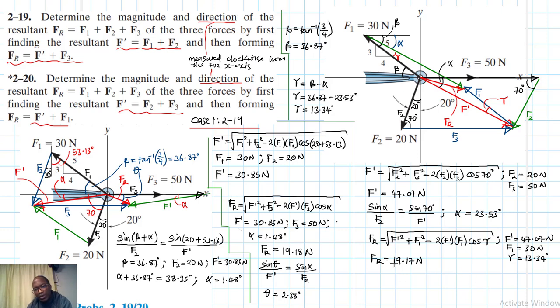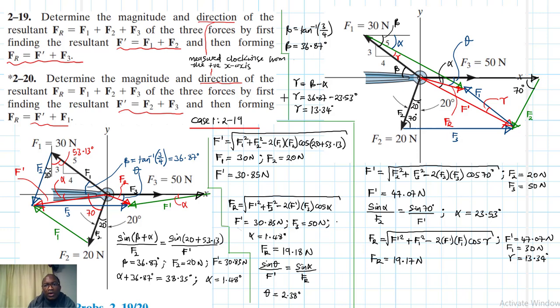All right, so we have FR. So now we need to find the direction. Again, we said the direction we're going to measure clockwise with reference to the positive x-axis. So this one here is the direction we are looking for. We call it alpha.